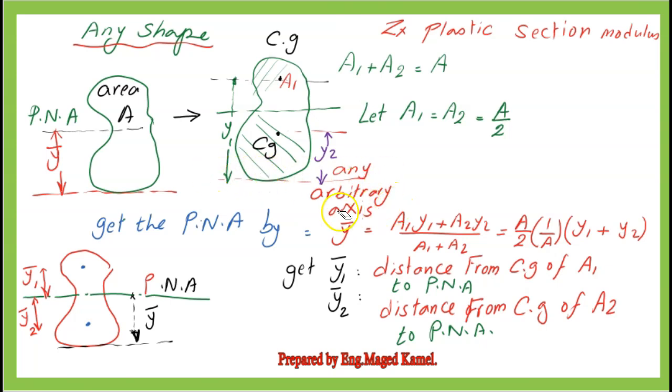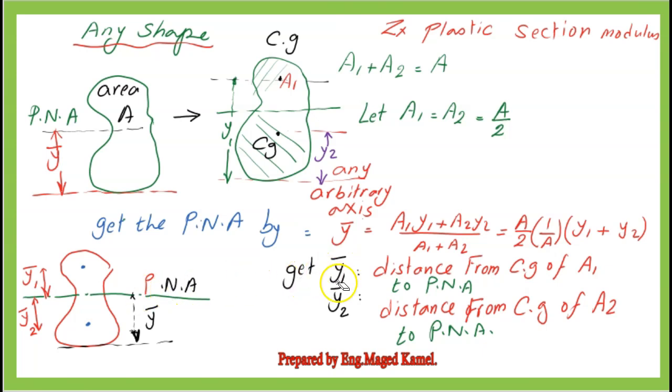Estimate the plastic neutral axis distance from the bottom datum by dividing the moment of area over the area, and get the expression Y bar equals 1/2 multiplied by (Y1 plus Y2), where Y bar is the plastic neutral axis distance from the external datum.